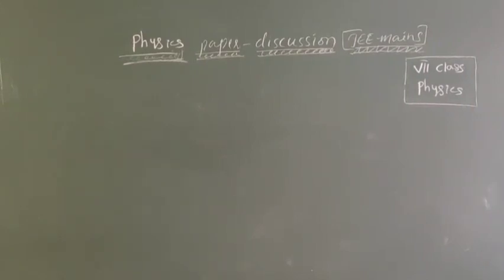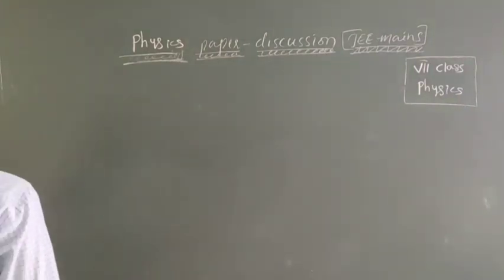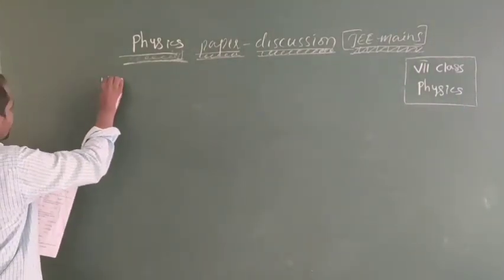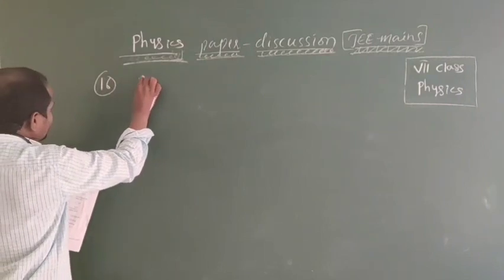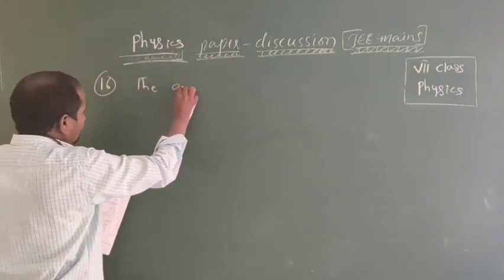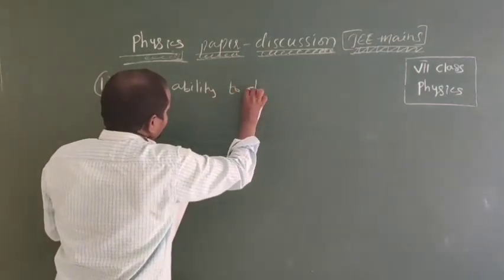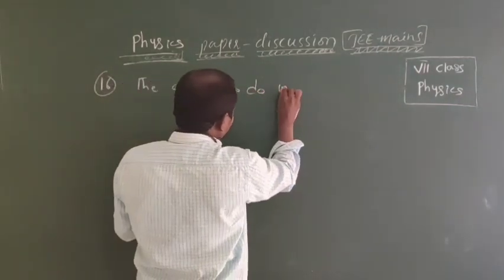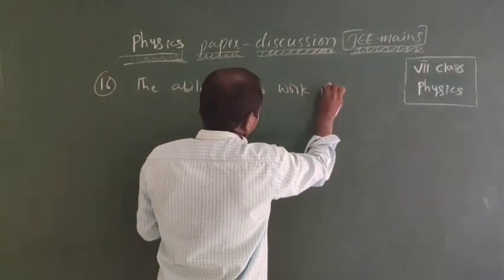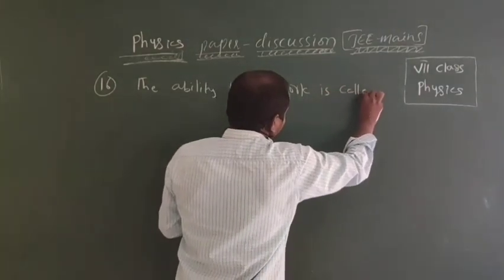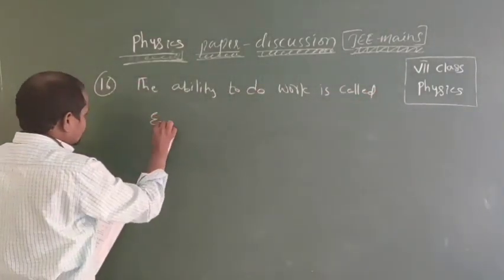Okay, next question number 16. The ability to do work is called energy.